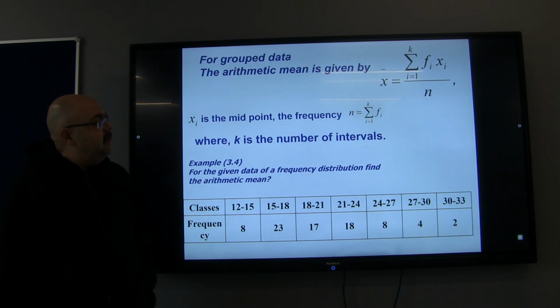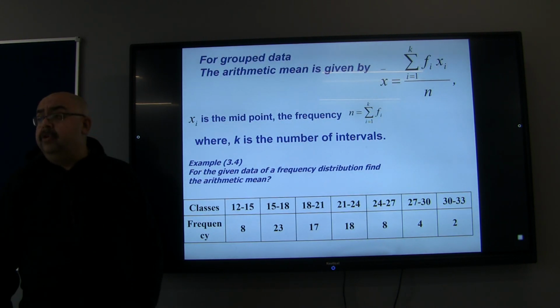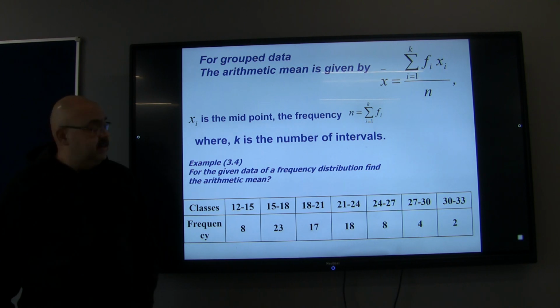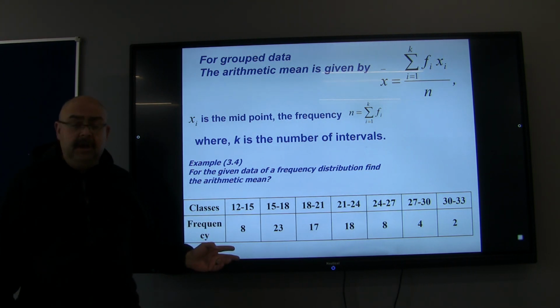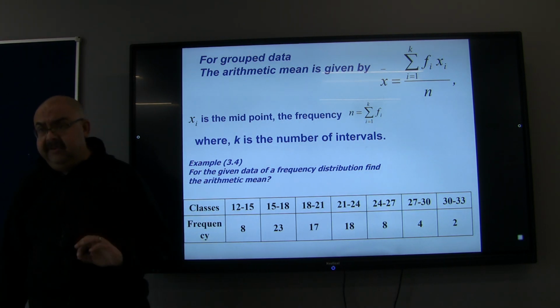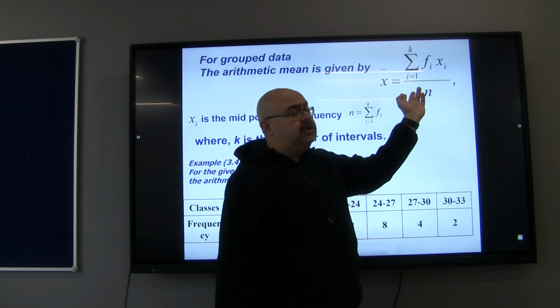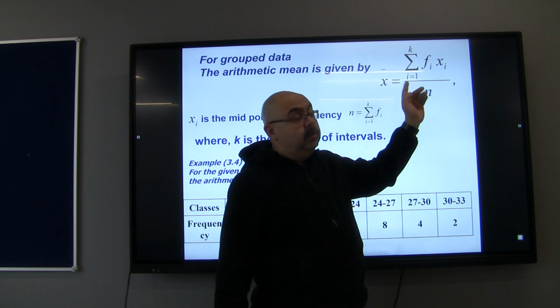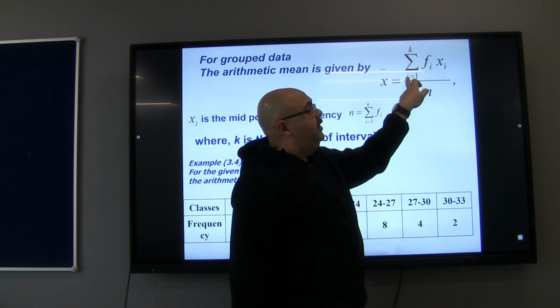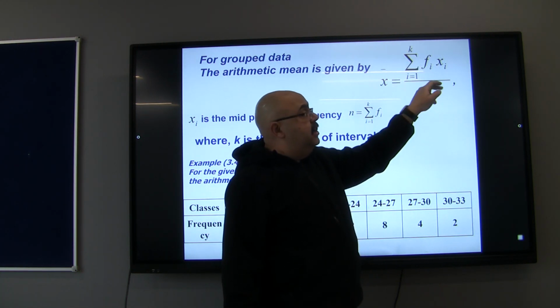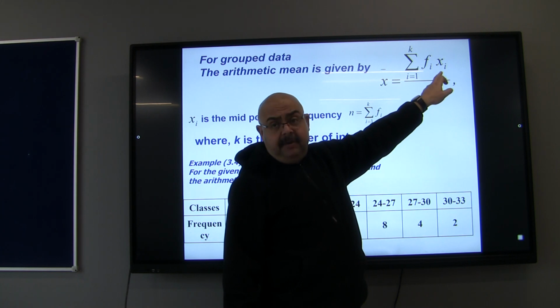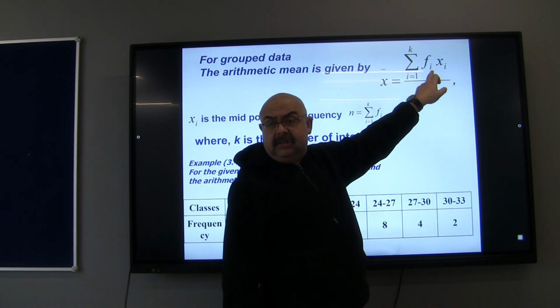Okay. If I want to get the arithmetic mean for grouped data, or the data in a frequency distribution, the law will be slightly different. In this case, we will need to use this law instead of the previous one, which states that we will have to get the sum of each class mark times the frequency of this class mark.